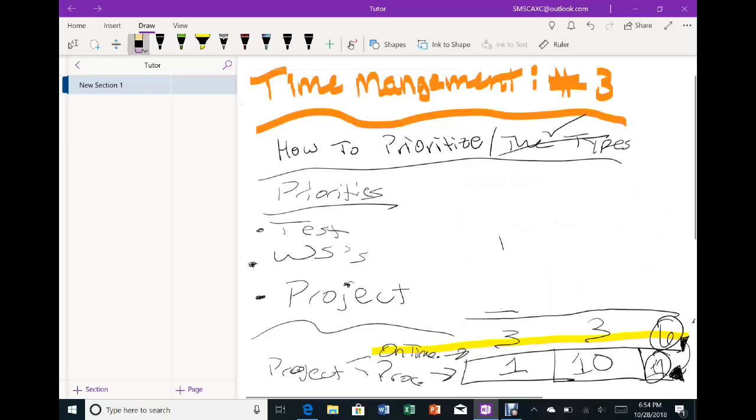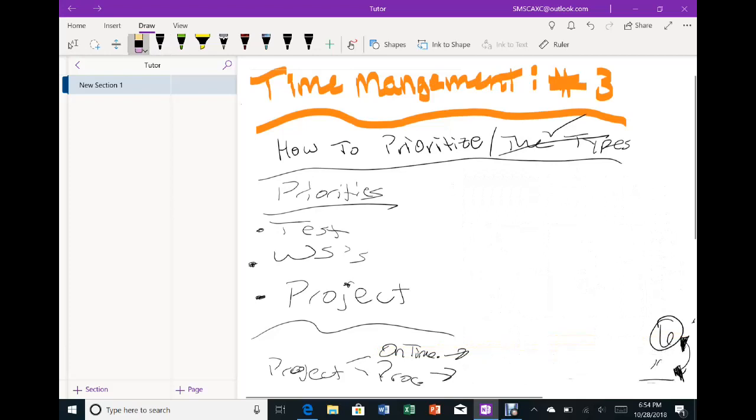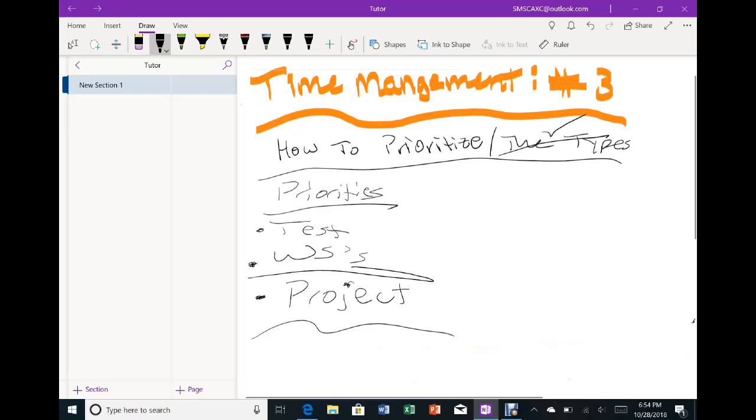So now that you've gotten that set up, that doesn't mean that this is the concrete order you're going to do it in. Now, these two, because they have the same priority rating in the priority column, you're going to want to get your worksheets done first just to have them out of the way.